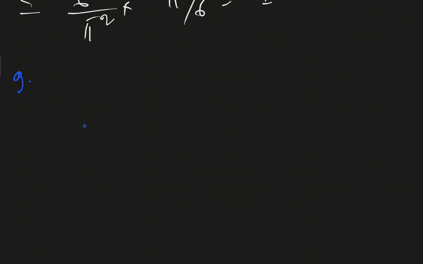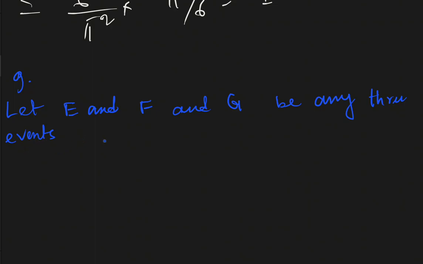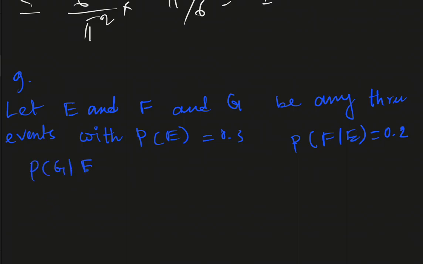Question number 9. Let E, F and G be any three events with P(E) is 0.3, P(F given E) is 0.2, P(G given E) is 0.1, and P(F intersection G given E) is 0.05.